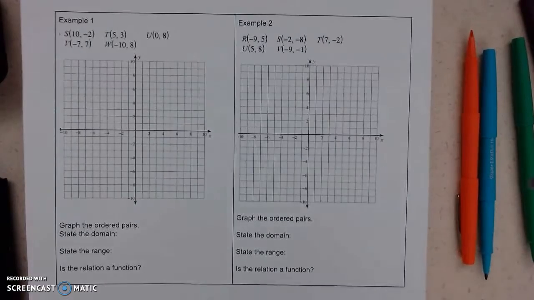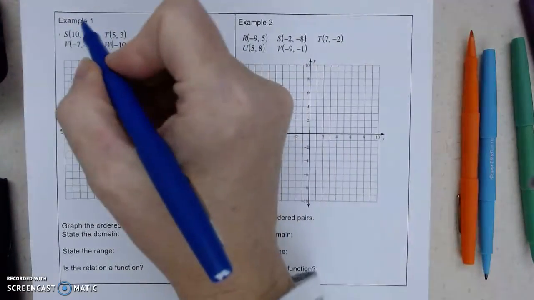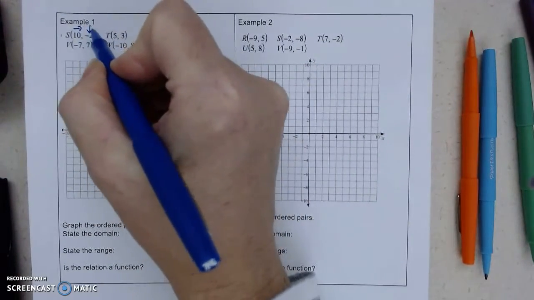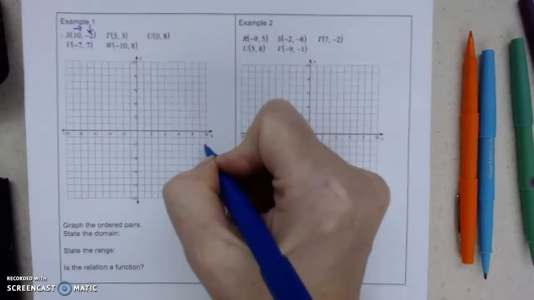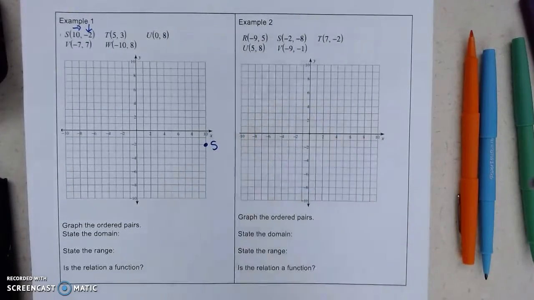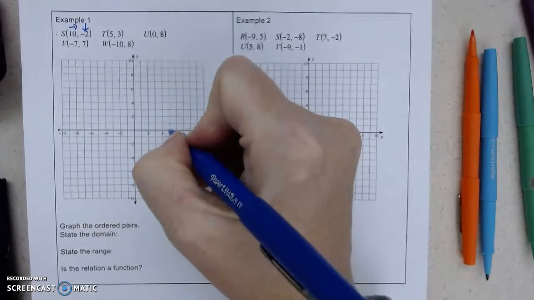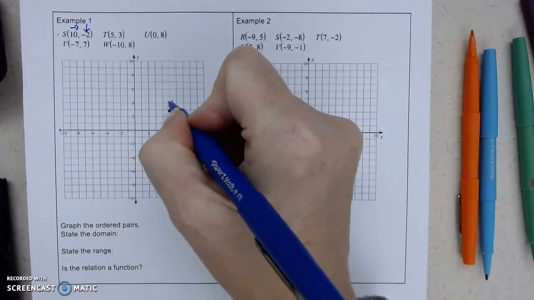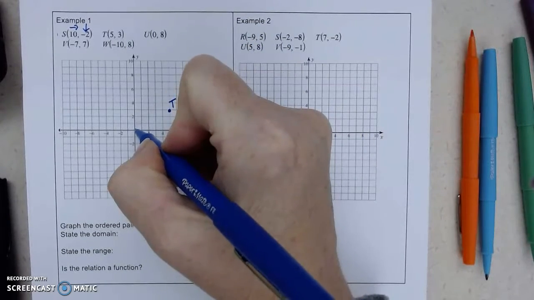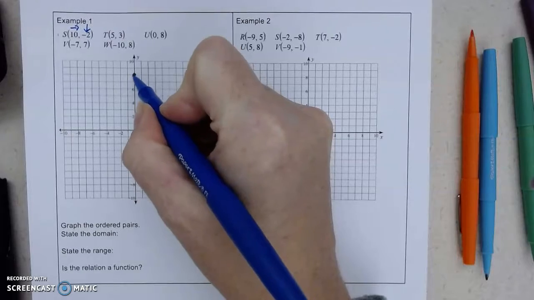So we're going to graph these ordered pairs. So I'm going to go, remember, 10 down 2, and label your points so you know. T is 5 up 3. 0 doesn't go anywhere, and we're going to go up 8.